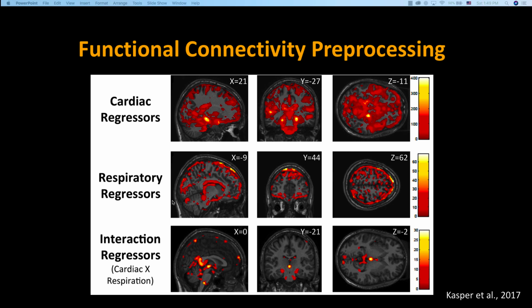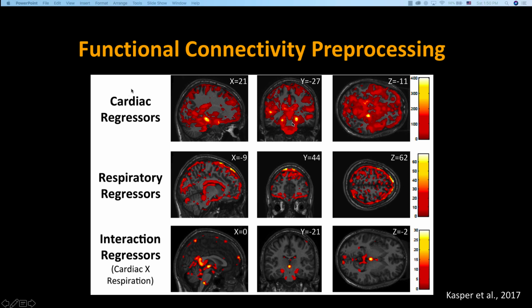And what you might notice if you look at specifically where those noise regressors load, there are, say, cardiac regressors, respiratory regressors, and you can also take the interaction between them if you want to. What do you notice about the cardiac regressors? Where are they most highly loading? Do you know your neuroanatomy? Yeah, it looks like it's surrounding the blood vessels. Yeah, exactly. These carotid arteries, they start to enter the brain.